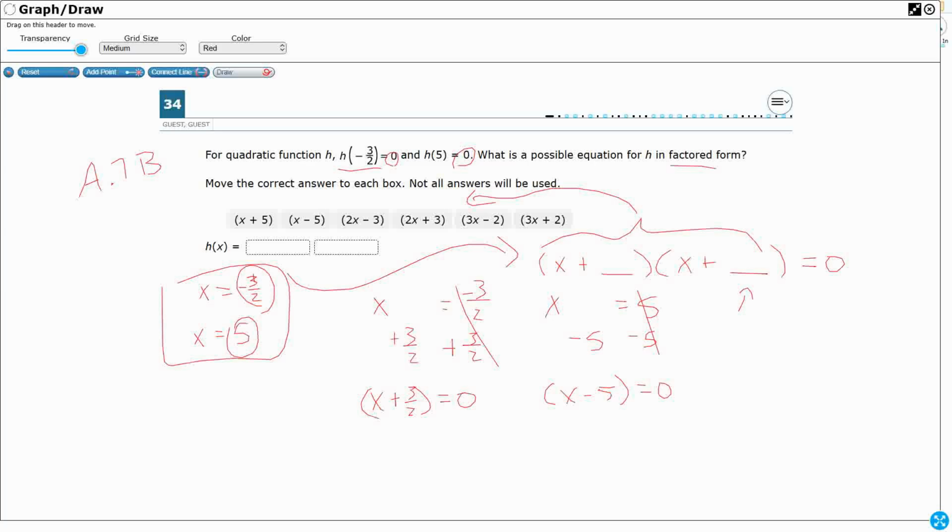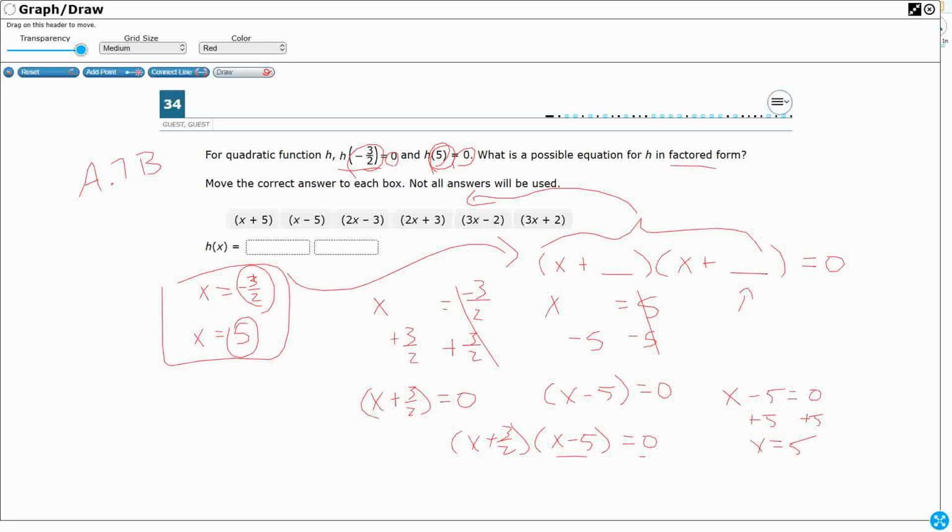Okay? So then I can say my answer could be x plus 3 halves, x minus 5 equals 0. And that would get me these two values right here. Because if I wanted to figure this one out, I would say x minus 5 equals 0, add 5 to both sides, and I'm back to where I started. x equals 5, which is this right here. So I could do my x minus 5, but you notice I don't have a 3 halves anywhere.